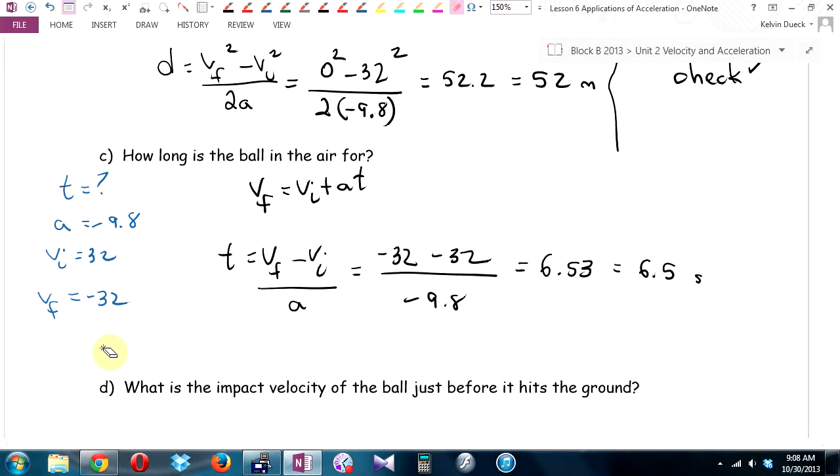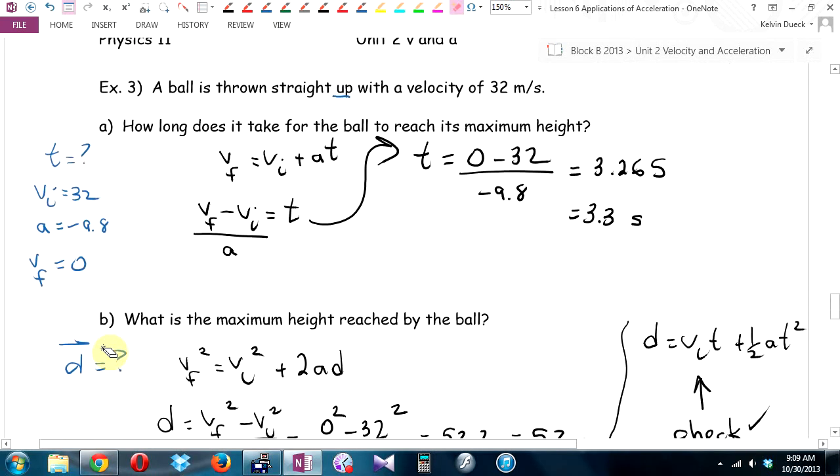How could your answer from part A tell you the answer for part C? What did we find in part A? How long it took to go all the way up?